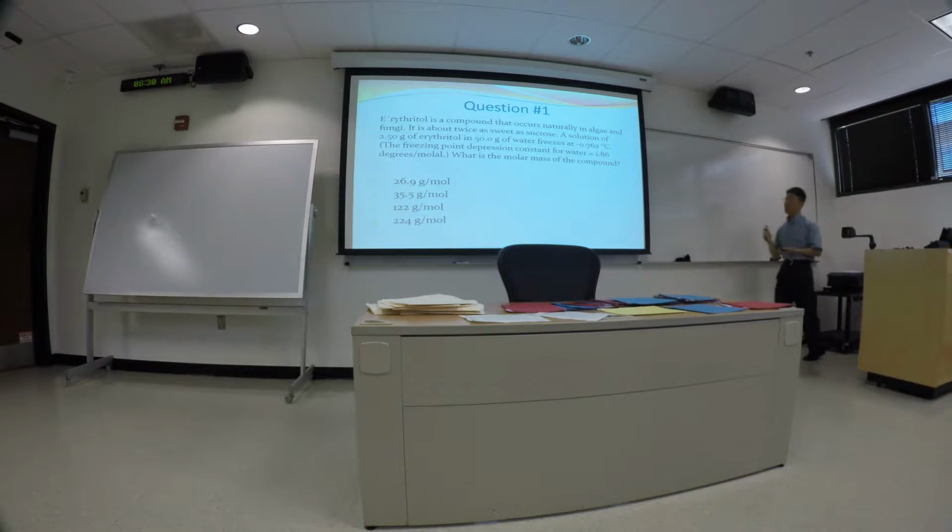Now, the relationship here is that delta TF, the freezing point change between the pure solvent, water, and the solution with this compound, equals KF times the molality, small m for molality. We know the solution freezes at negative 0.762 degrees Celsius.